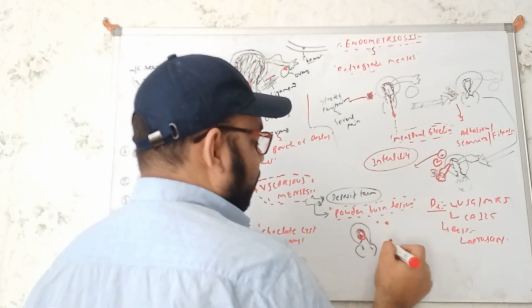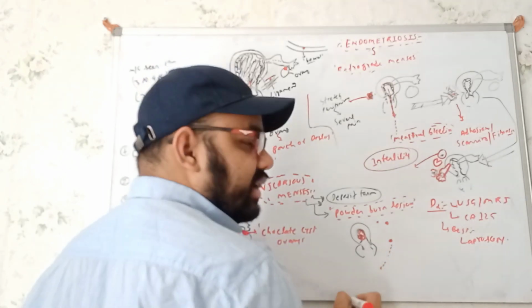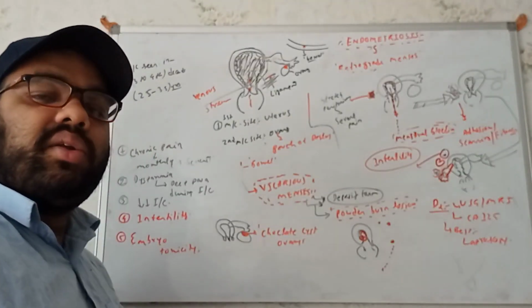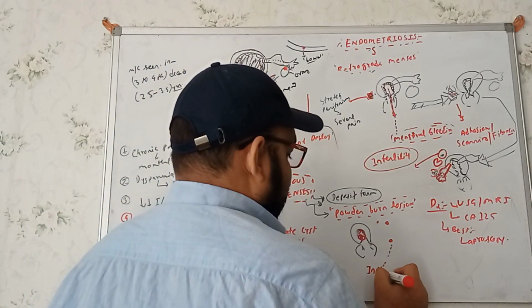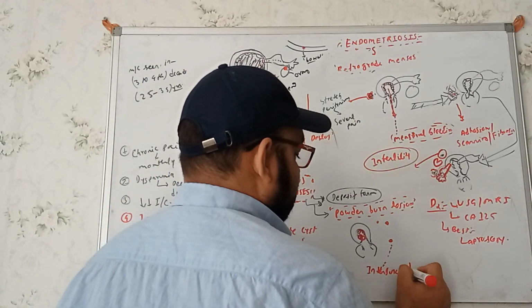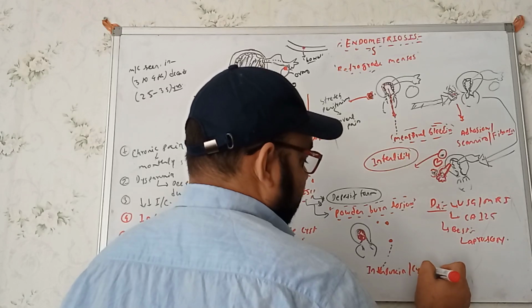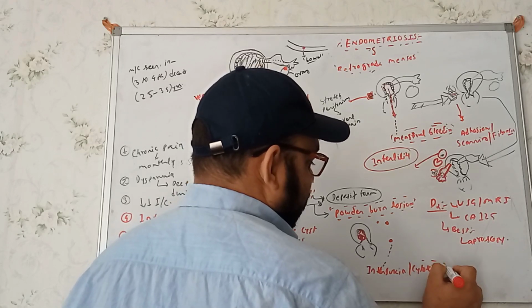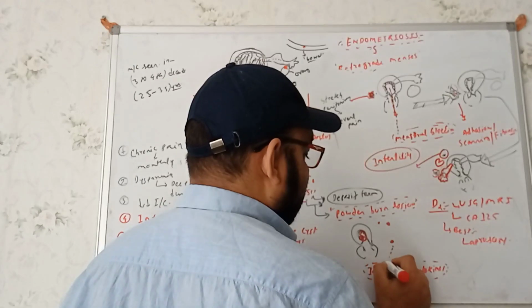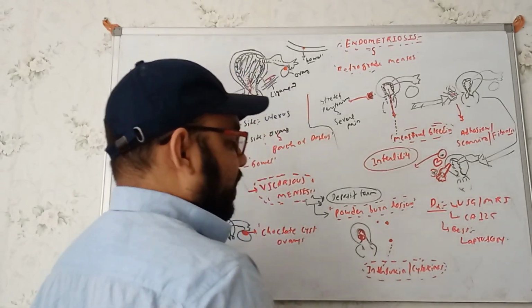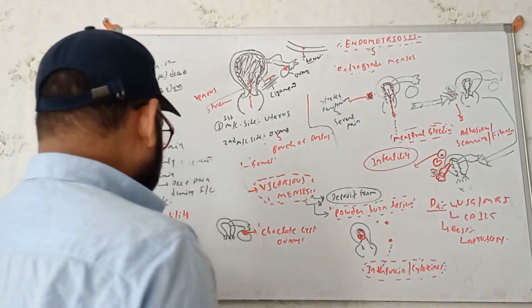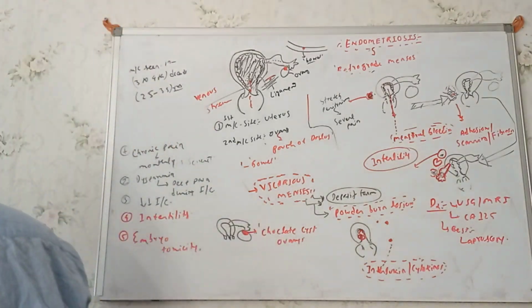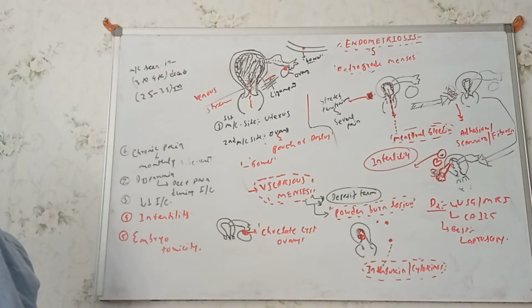From there we get secretions of different kinds of cytokines and interleukins, and these cytokines and interleukins will not let the embryo develop properly, causing interference in the development of the embryo. That's why we see embryo toxicity.